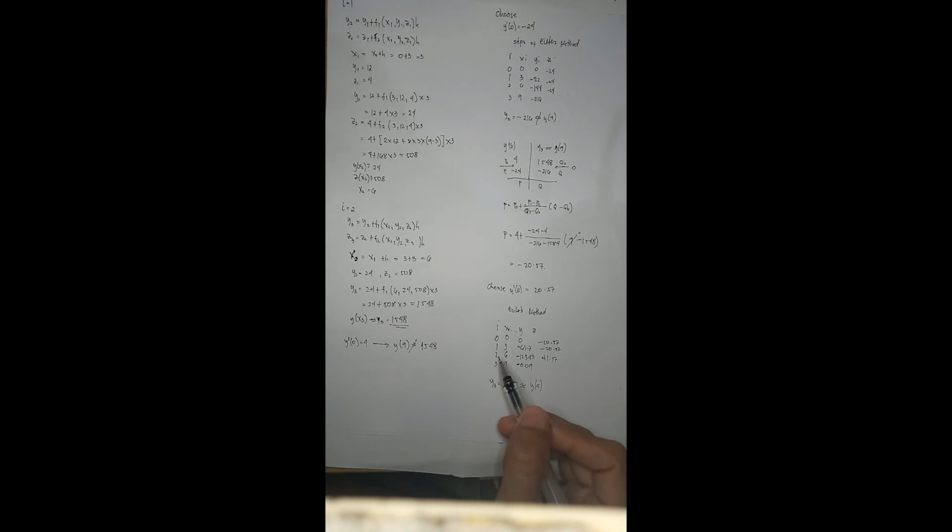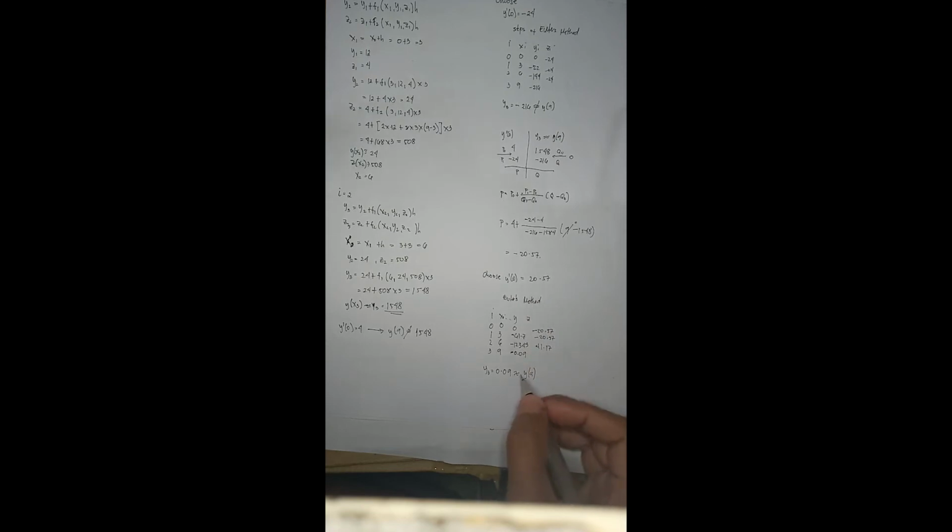For i2, x is 6, y is negative 123.43, and z is 41.17. And for i3, x is 9 and y is 0.09.